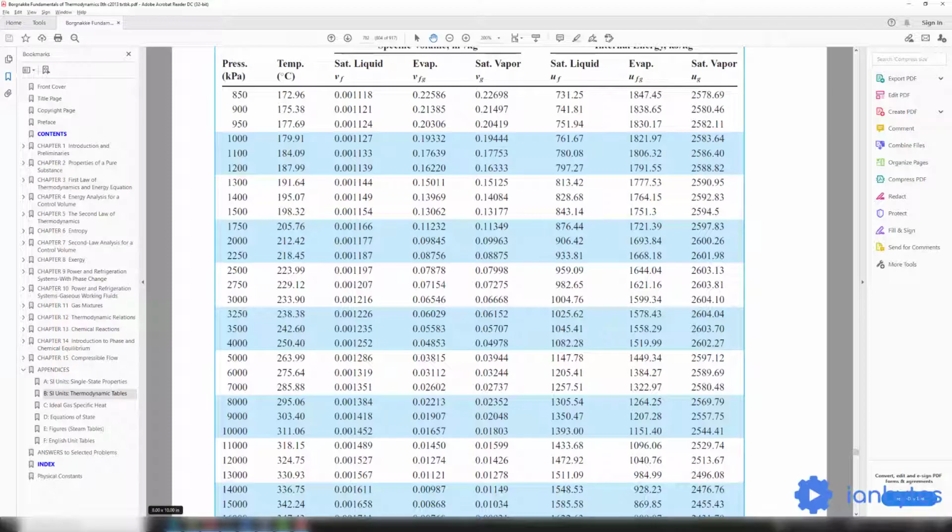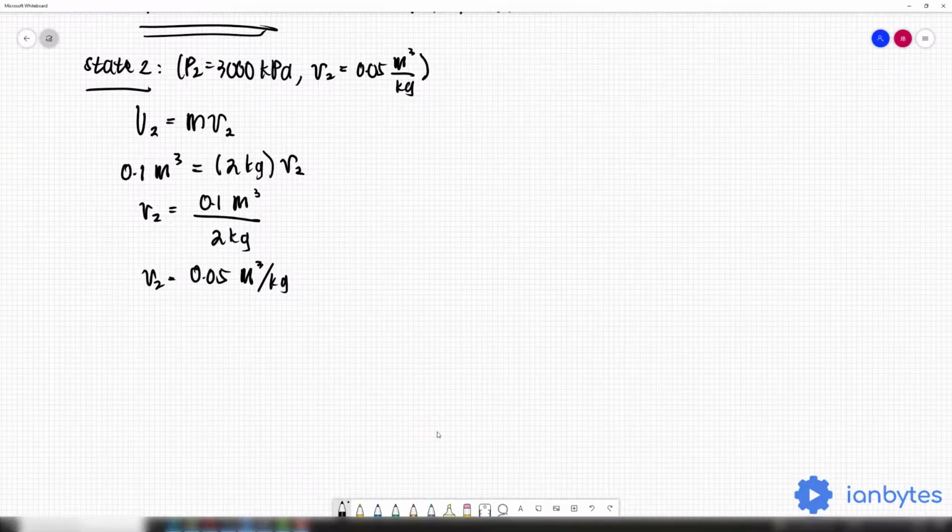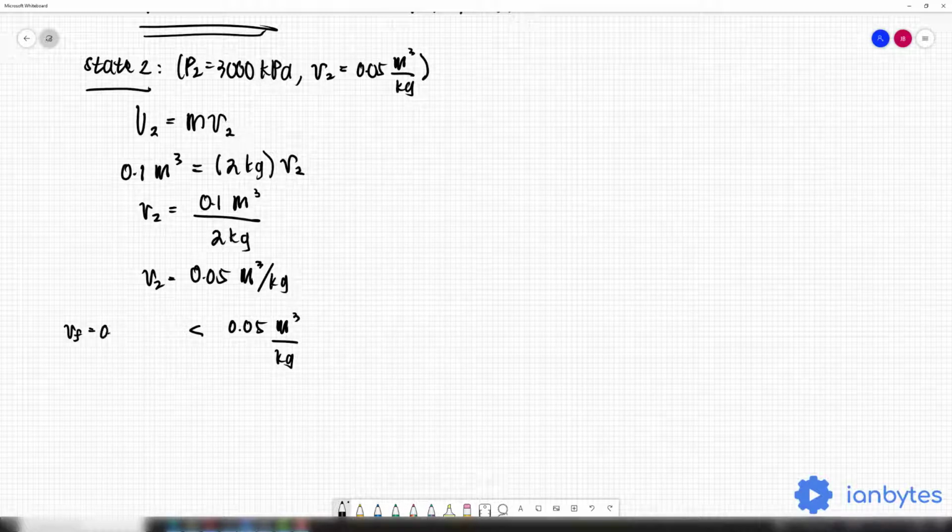So now let's just put that on record that your actual specific volume, 0.05 cubic meters per kilogram, is greater than VF, which is just, as we saw a while ago, 0.001216 cubic meters per kilogram, and this value, 0.05, is less than the value of Vg, which is just equal to 0.06668 cubic meters per kilogram. Lahat ng andito ay cubic meters per kilogram. Okay? Therefore, we conclude that it's saturated mixture.